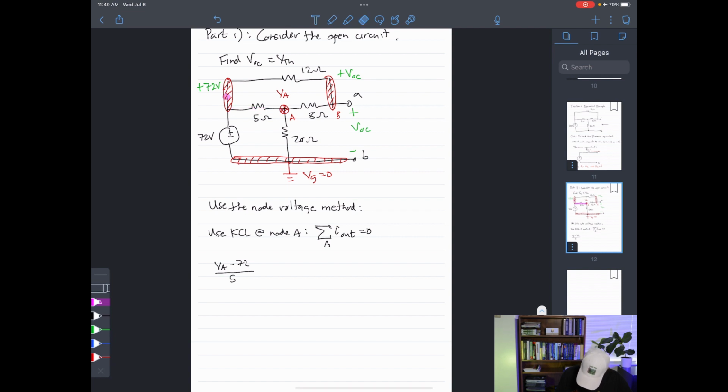Then for this branch, the current flowing out is VA minus the ground node, that's 0 volts, divided by the 20 ohm resistor that current is flowing through.